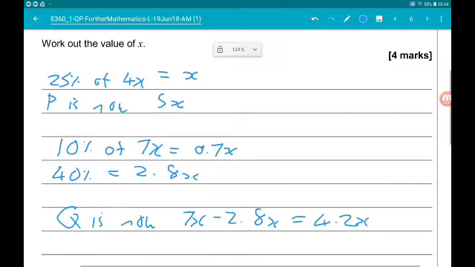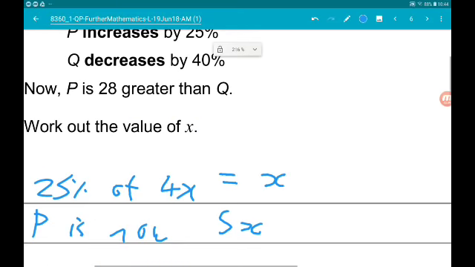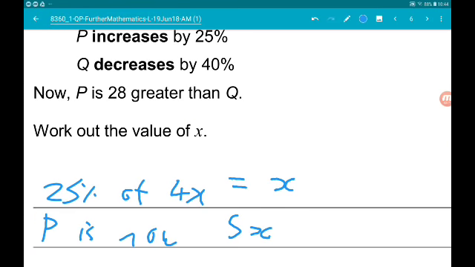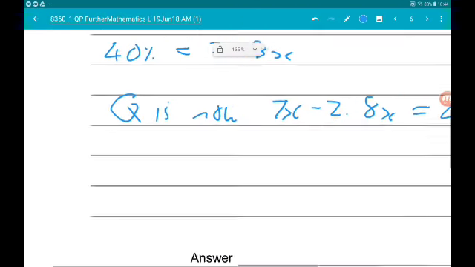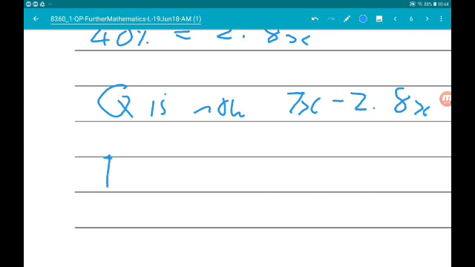Okay, so now we're told P is 28 greater than Q. So that means P is equal to Q add 28.